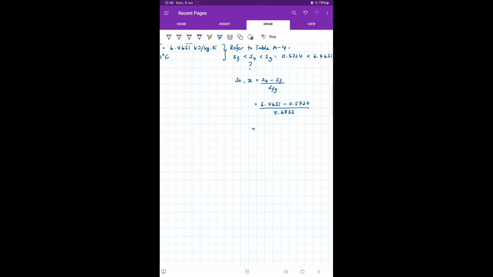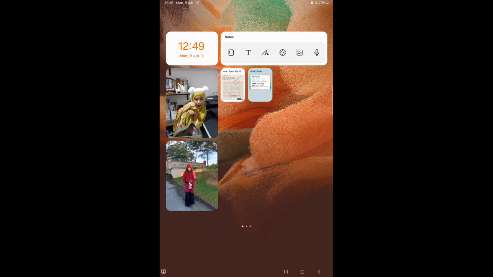This gives us the quality as 0.77. What it means is that we have 77% steam, or vapor, inside.